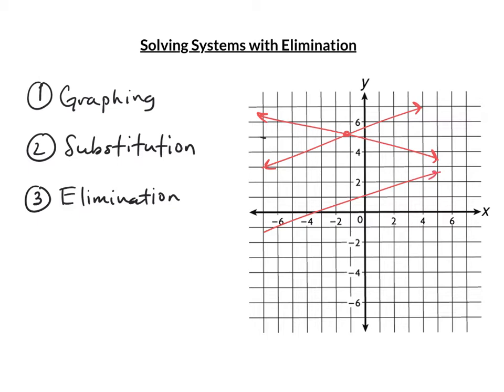You graph your lines and they end up parallel and you get no solutions. Or it's possible that you graph your lines and the two lines end up being right on top of each other, and there are infinite solutions that work in both equations. So one solution, no solutions, or infinite solutions are your possibilities.